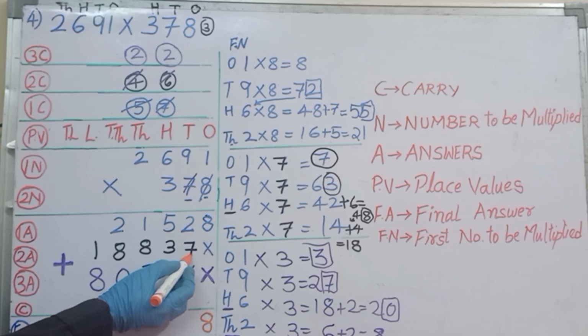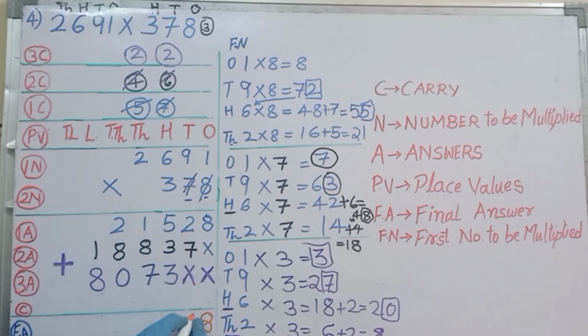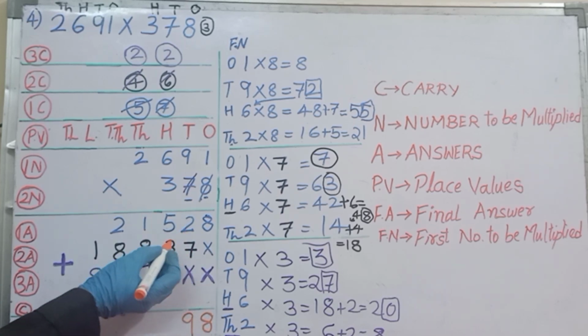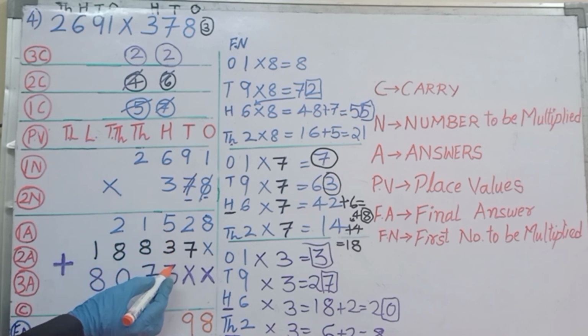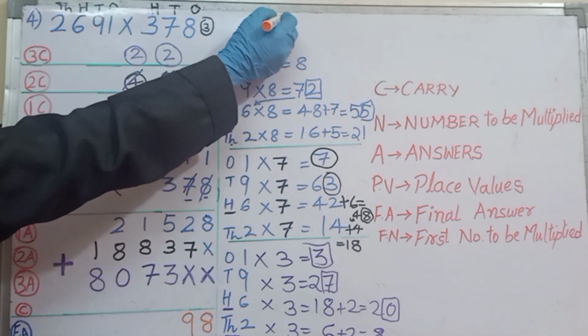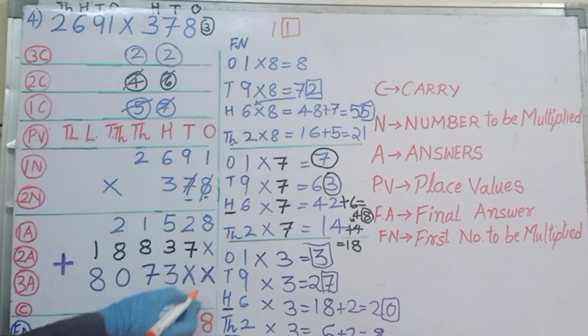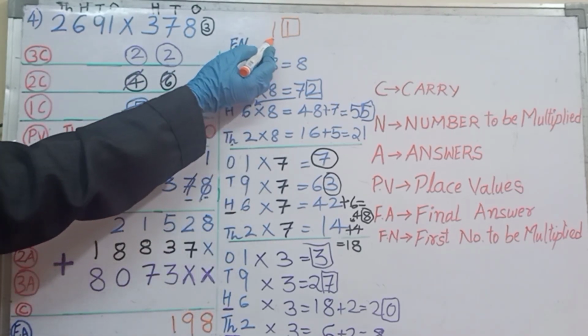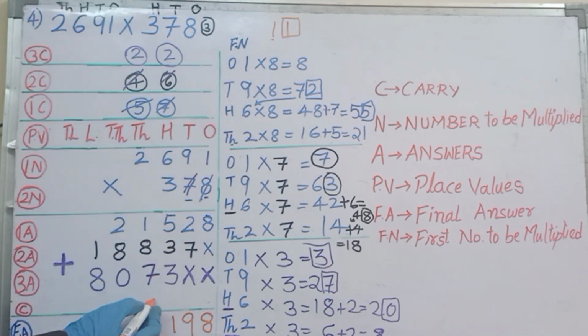Now 2 plus 7, 9. So I wrote 9. Now 5 plus 3: 5, 6, 7, 8, 9, 10, 11. So I got 11. So 11 means I'll write only the ones place number in the answer, and the second one, that is in tens place, goes as a carry to its beside number.